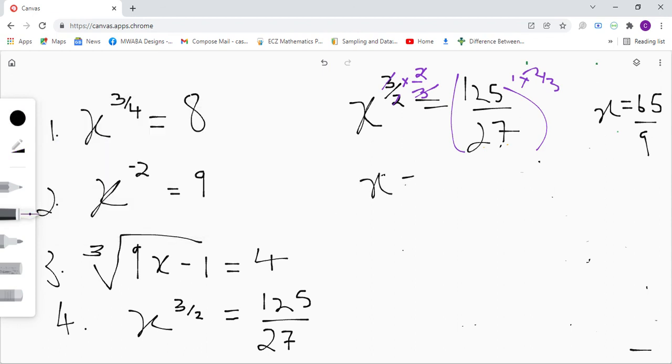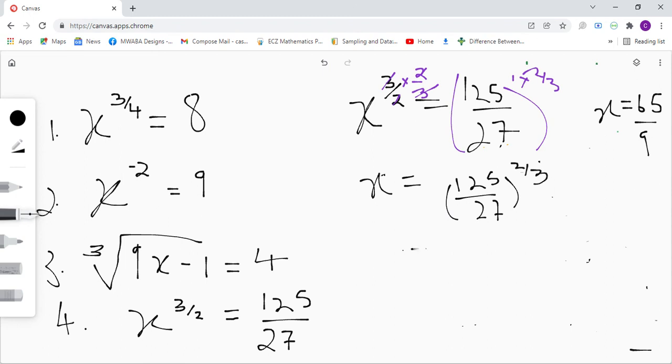So we're going to have x, which is equal to 125 over 27 to the power 2 over 3. So basically, we have to now find the cube roots and square them.